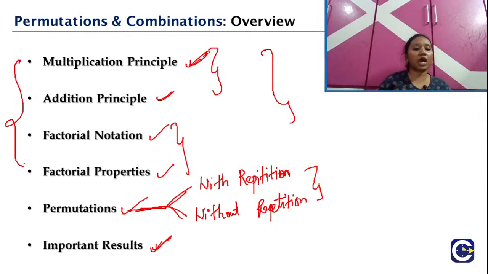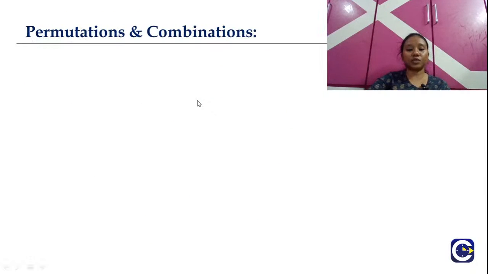The first four are a quick background, a base for our permutations, and then we enter into the concept of permutations, discuss these two types, one with repetition and the other without repetition, and then we'll be seeing a few important results. Along with that, for each and every concept, we'll be solving questions. So let's start with today's session.